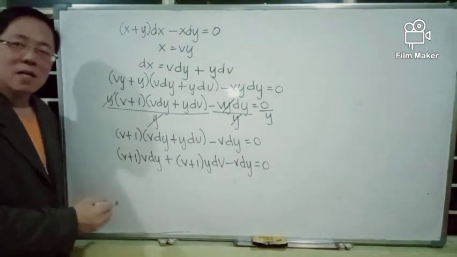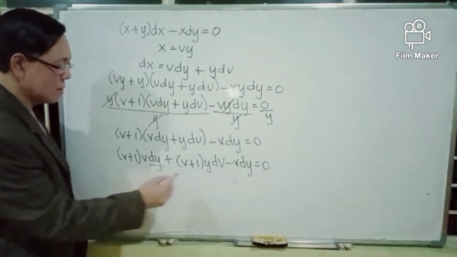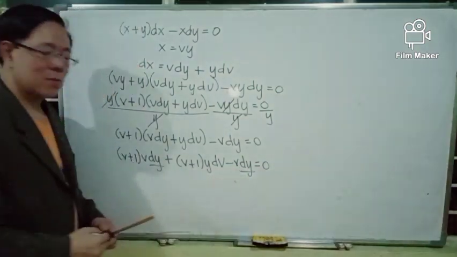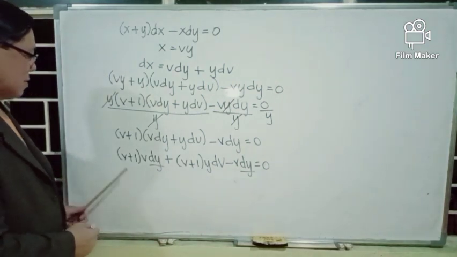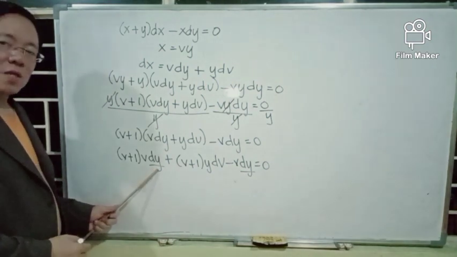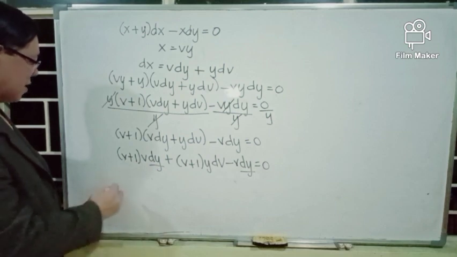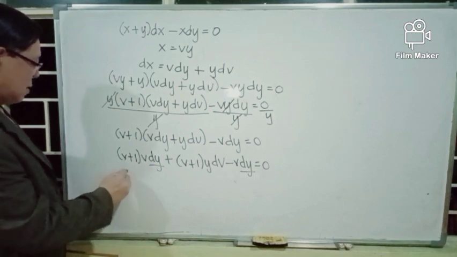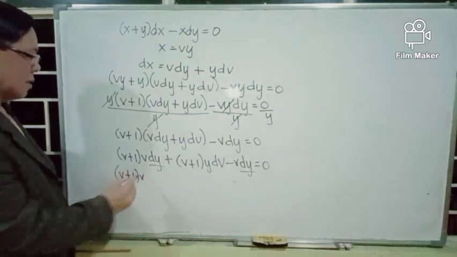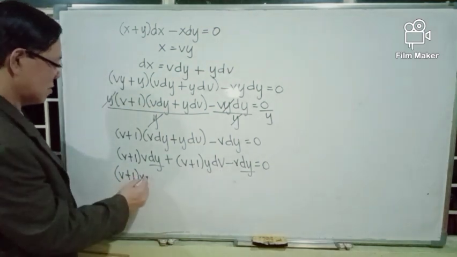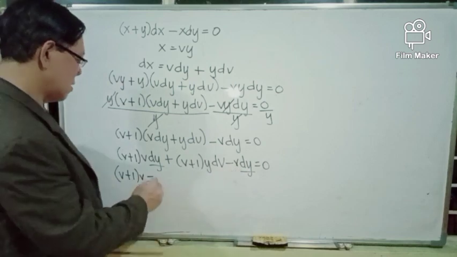Now we collect the terms with dy and we factor out dy. If you factor out dy from this term, you get v plus 1 times v minus v.